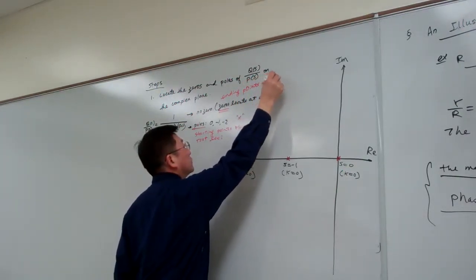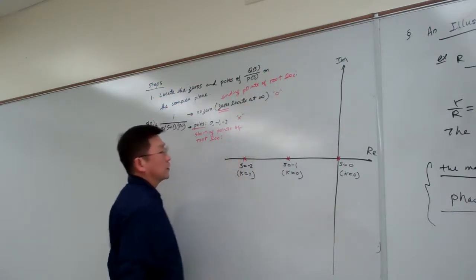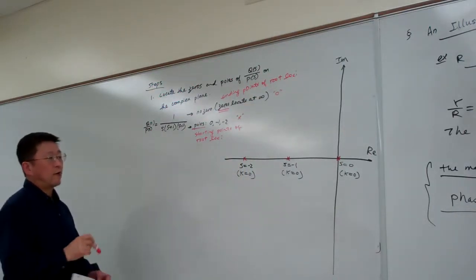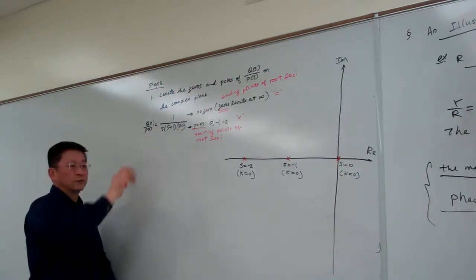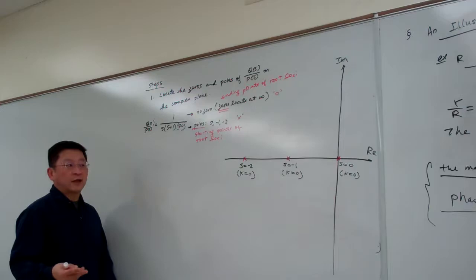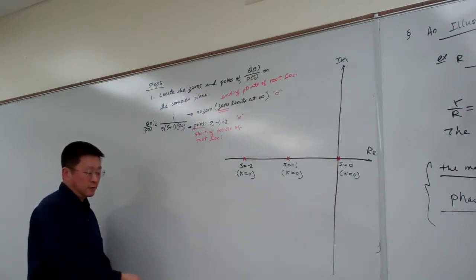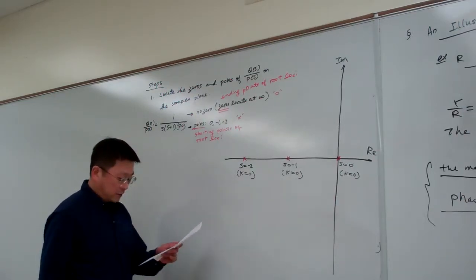Okay, so in the finite range, if there are no zeros, then for sure they must be at infinity, such that the 3 branches will end up there. Okay, so that is the first step.